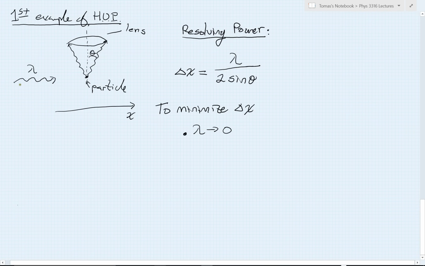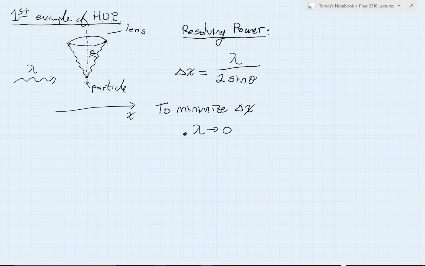If I've got very long wavelength light coming in and it's hitting this tiny particle, I'm not going to be able to use it to get a very good idea of precisely where that particle is, because the wave itself is varying so very slowly. Rather, I would want a very short wavelength wave, because then I can really tell precisely where the particle is as compared to my wave.